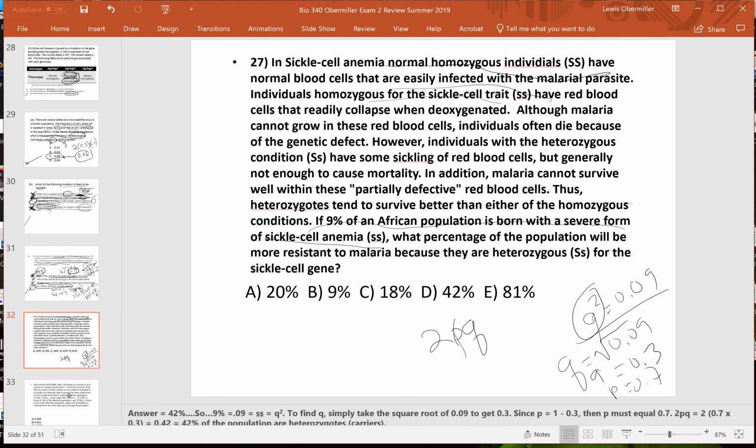And now I just got to plug it in. 2 times 0.3 times 0.7 equals 0.42. That's what I get. So 42% of the population would be expected to be heterozygous or 2PQ.